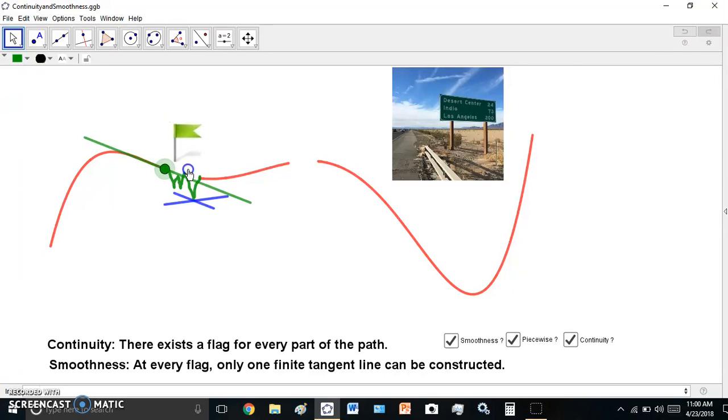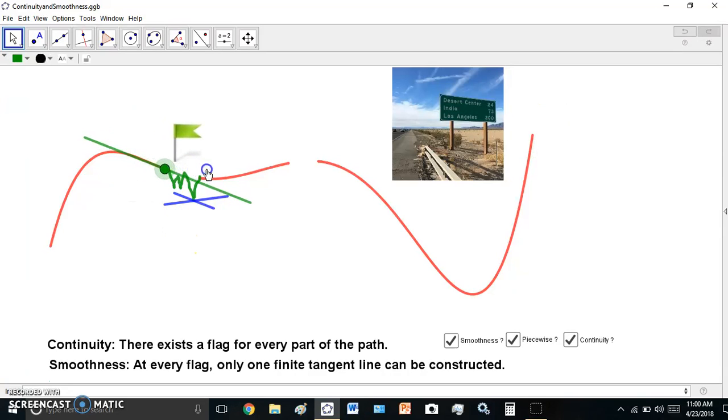So, for example, you can't suddenly just remove the flag at one position and say that the function is no longer continuous there. All right, unless the rule does not define the function there. So, for example, if you have a hyperbola, there is no flag at the point 0, 0, or a flag that will line up with that particular location vertically, so to speak.